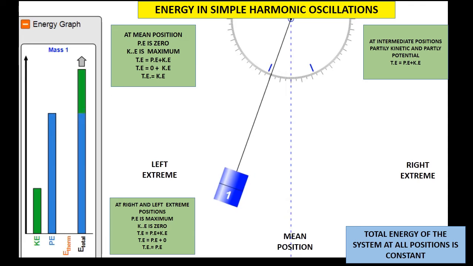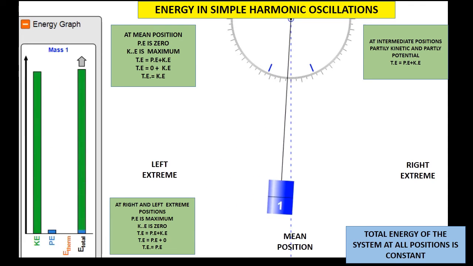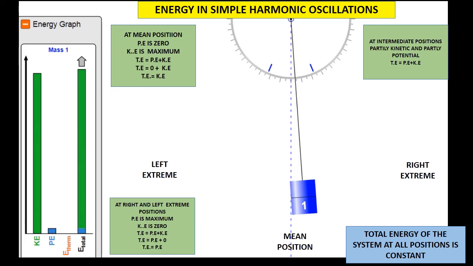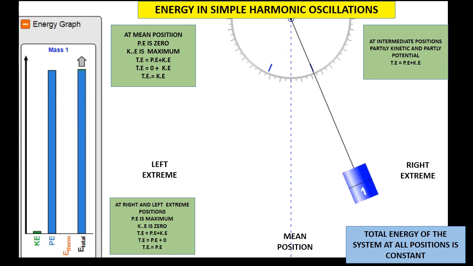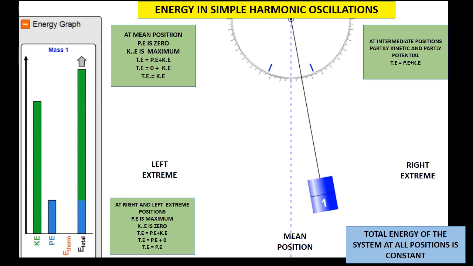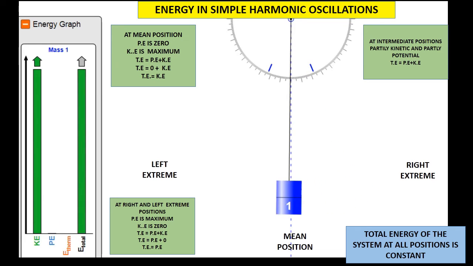We'll allow it to oscillate. Look at here. We'll try to bring it exactly to the mean position. Look at here. Now, when it crosses the mean position, the bob will have maximum velocity.